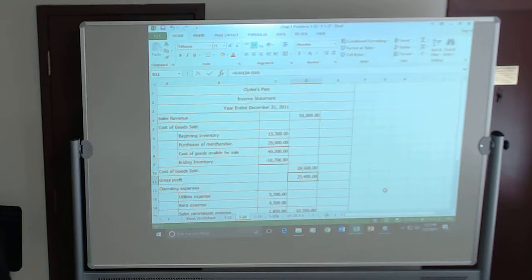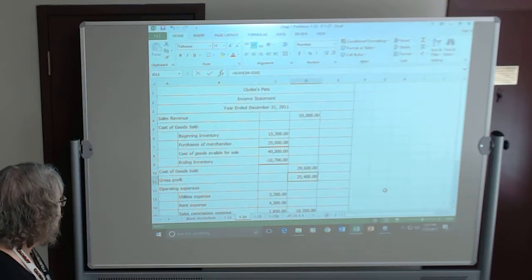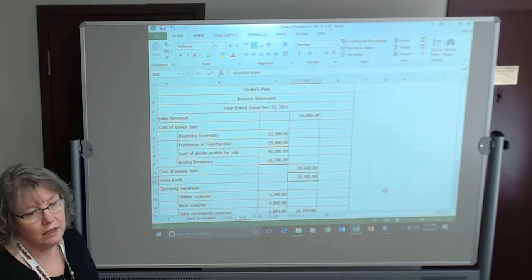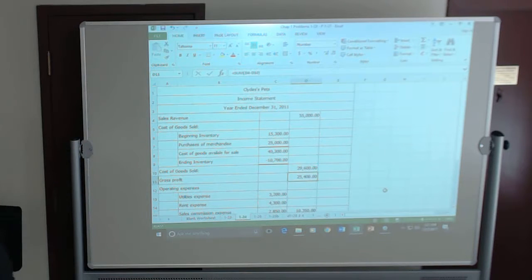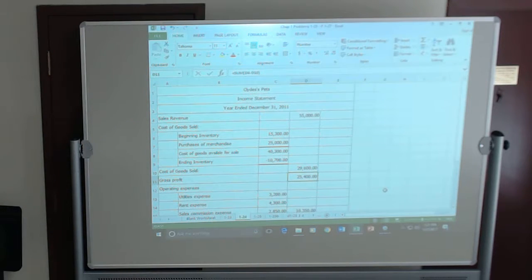And $400, yes. Sorry, I got a little bit behind in the problem. Why is the ending inventory a negative 10,700? Because I put the minus in there so you could see I subtracted it. It's not a negative number. I put the negative in so I could just sum this.